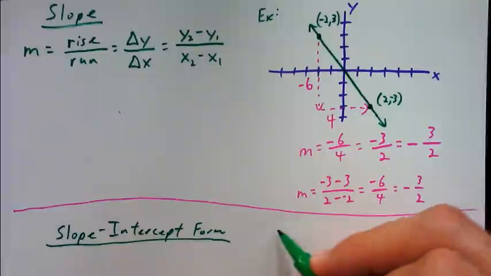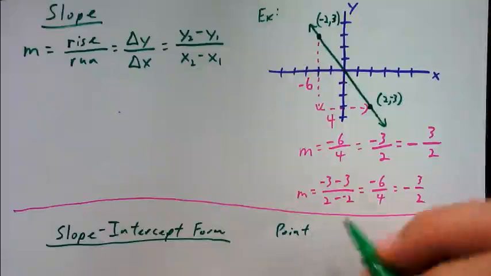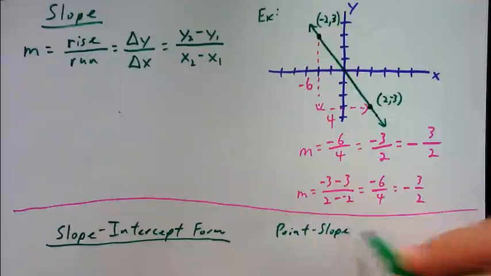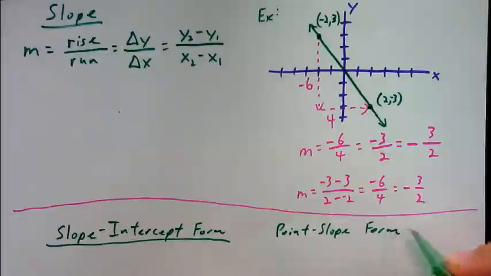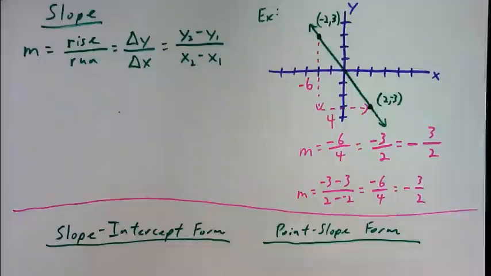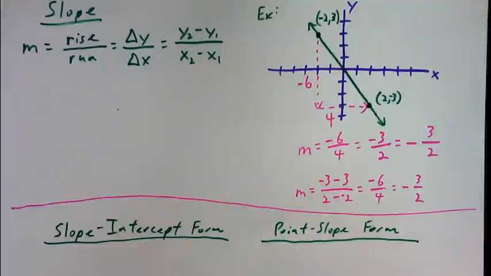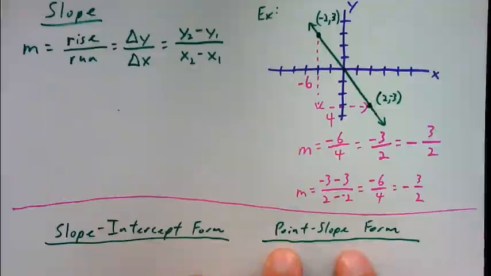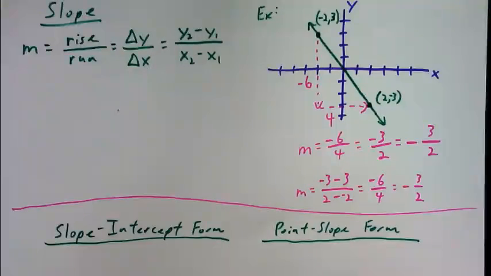The other one is called point-slope form. The name pretty much tells you what you are given in each equation. In slope-intercept, you have the slope and an intercept. In fact, it's the y-intercept. In point-slope, you have a point and a slope.